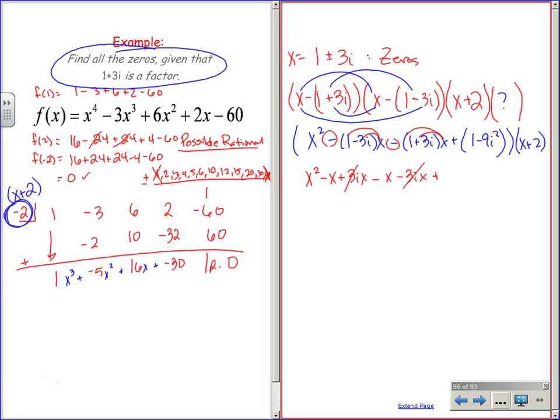So that'd be 1 plus 9, which would be 10. Well, that's looking better. I still don't know who this guy is. So I end up with x squared minus 2x plus 10. And I'm just missing one more guy. How could I figure out that last guy?